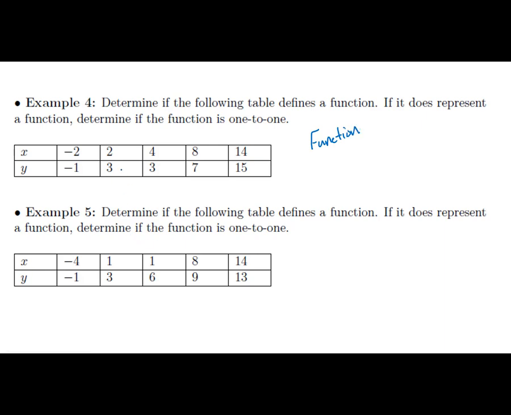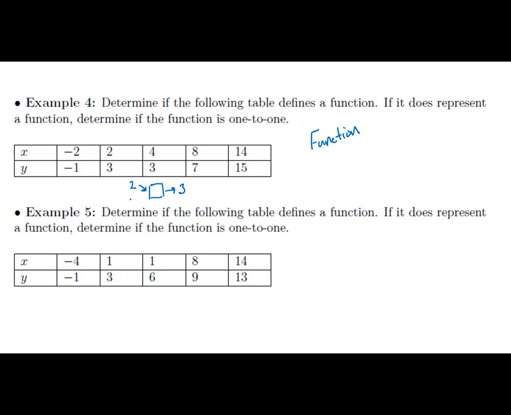But what we do see here is that the output of 3 is listed twice, and it goes back to 2 different x values, right? Now that's okay. It's still a function, but it's not a one-to-one function. So to use our little illustration that I used on the last one, we've got this machine here, and we know that when the machine outputs a 3, it could have come from 2 different things.